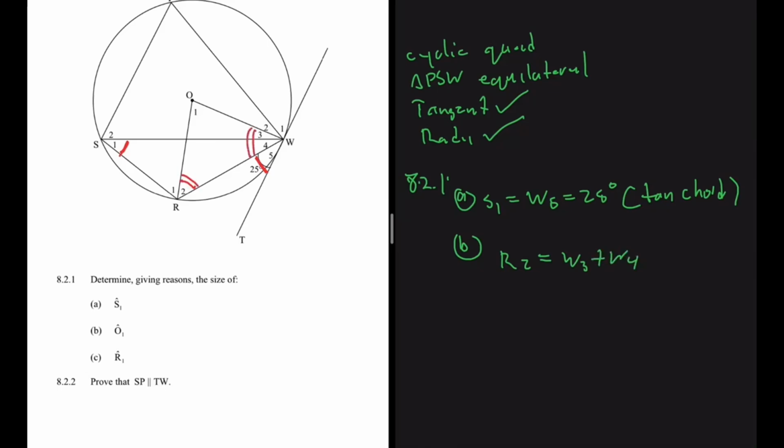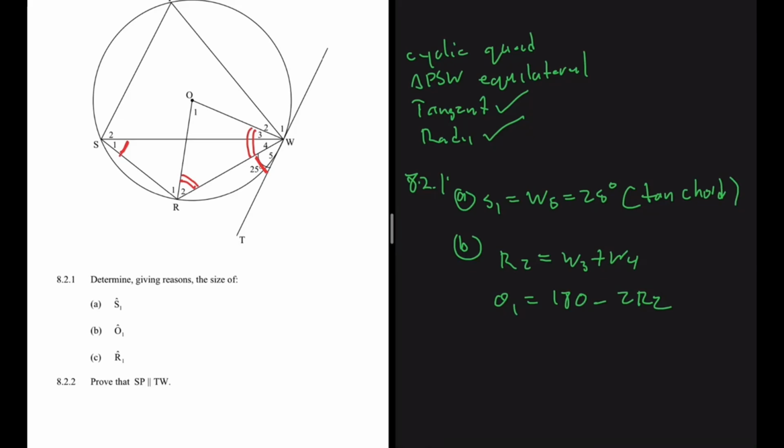So now we can say that O1 is equal to 180 minus 2R2, right? Because we're going to minus R2 and we're going to minus W3 plus W4. But we know that W3 plus W4 is equal to R2. So minus 2R2.